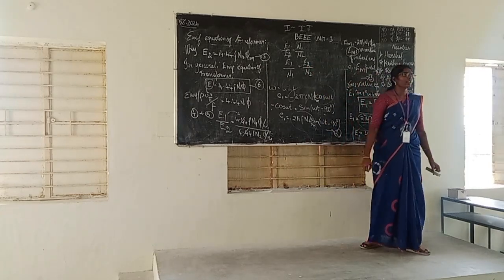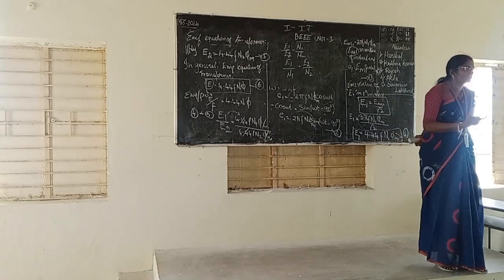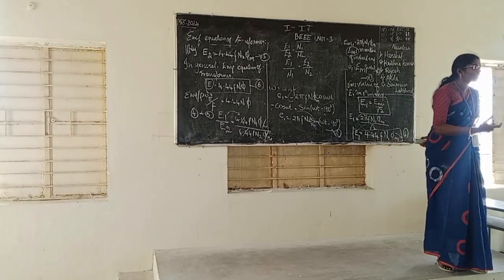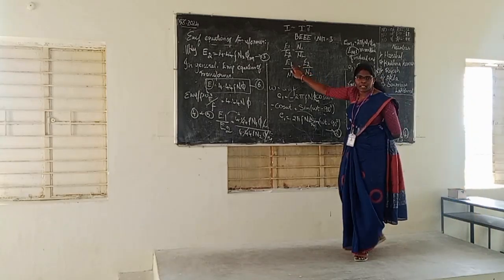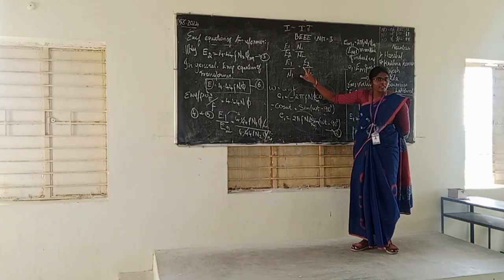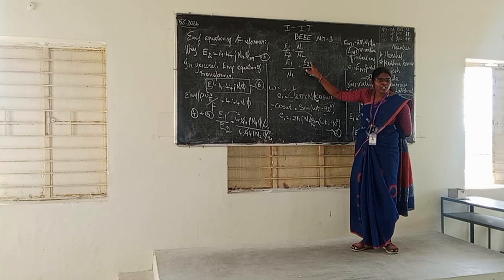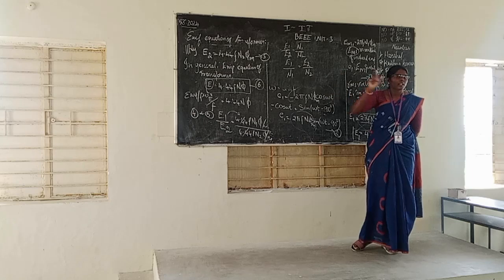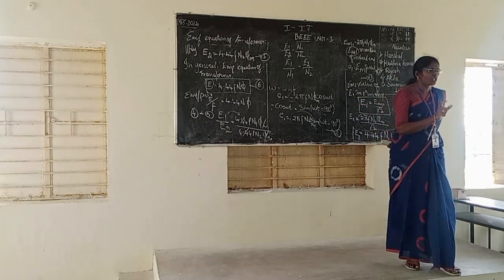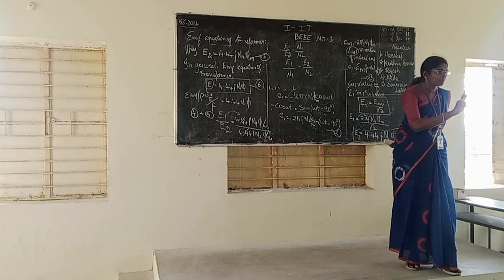The conclusion we are going to give is that the EMF induced in the primary per turn is equal to the EMF induced in the secondary per turn. Just imagine the primary side where an EMF is induced and the number of turns is 3.